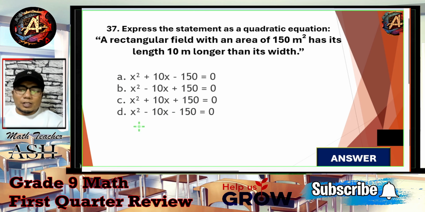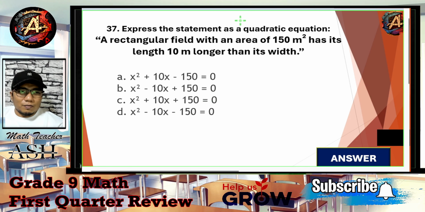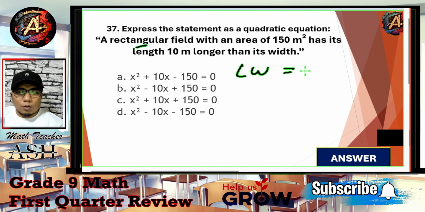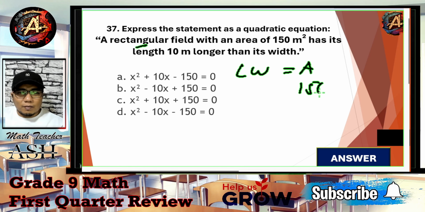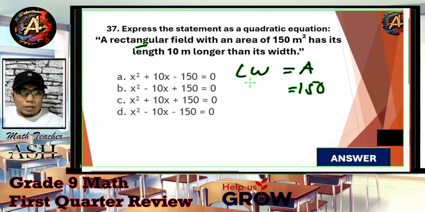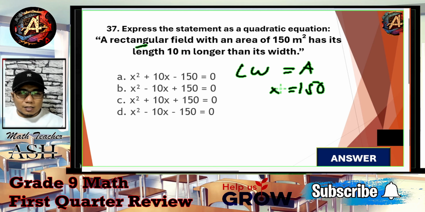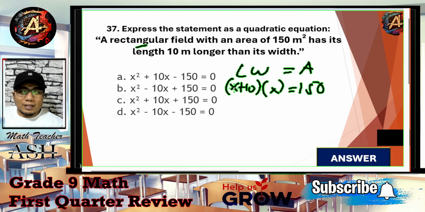Okay, my dear math learners, let us first translate all of the given. Remember that this is a rectangle, so the area of a rectangle is length times width. Of course, the area is given as 150. The length is 10 meters longer than the width. So if our width is x, then our length would be x plus 10, because it is longer by 10 meters.